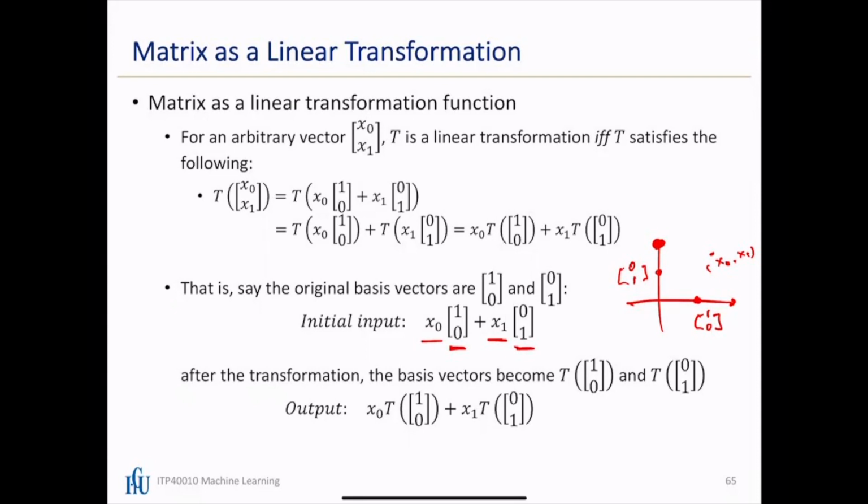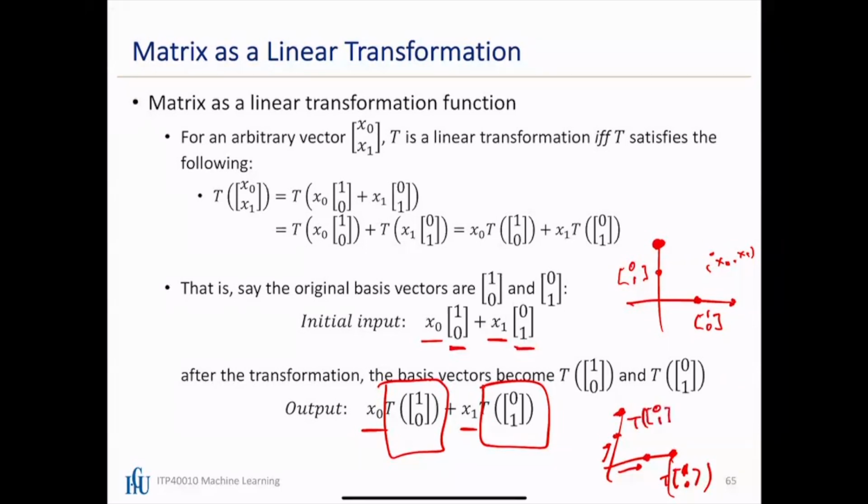Now let's try to see the output from the same perspective. We have x0 and x1, and you have a coordinate system transformed by T. I don't know where this space is, but from now on, I have two different bases. One is T(1, 0), the other is T(0, 1).